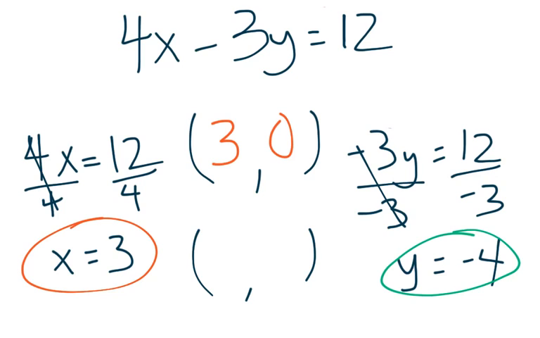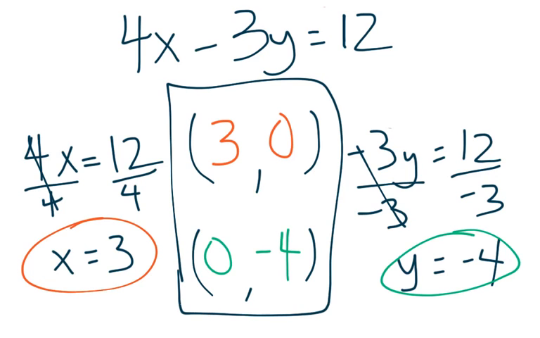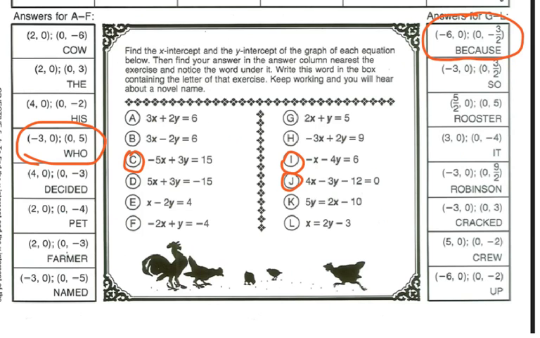And in this one, y is negative 4, it goes second. These are our 2 points that we're going to look for. This is the x-intercept, and this is the y-intercept. And I see it here, it says it.